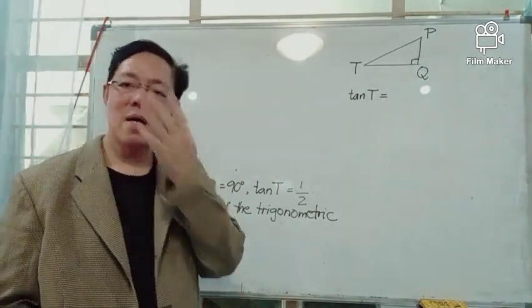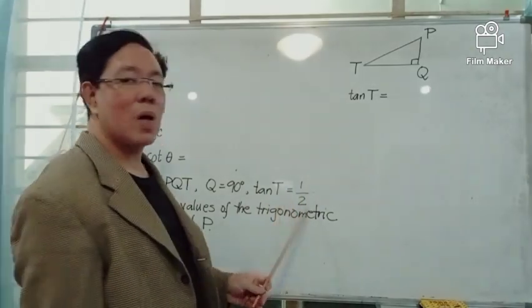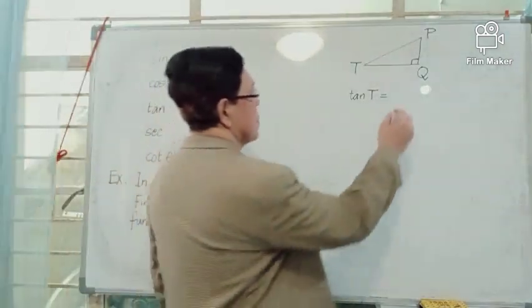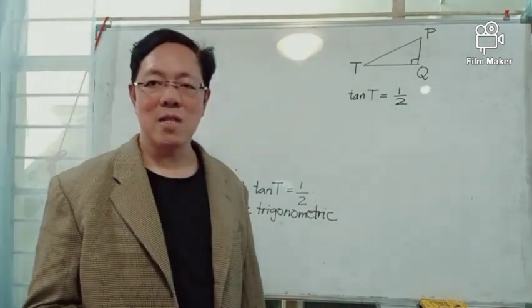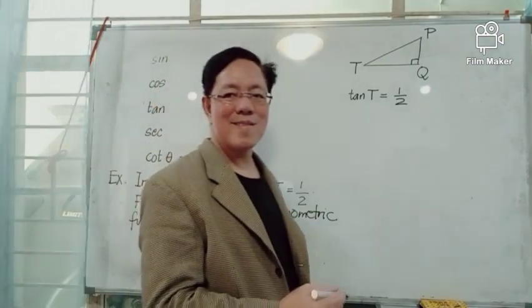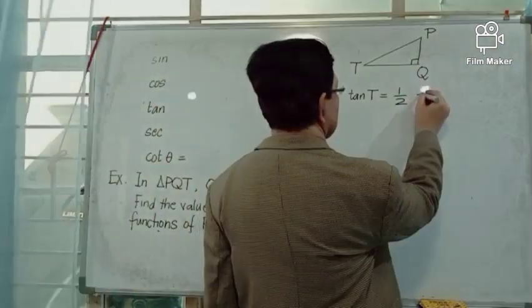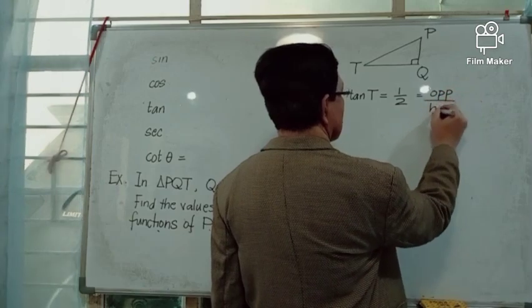We are given that the tangent of the acute angle T is 1 over 2. And we know that tangent of an acute angle is defined as the ratio of the opposite to the adjacent.